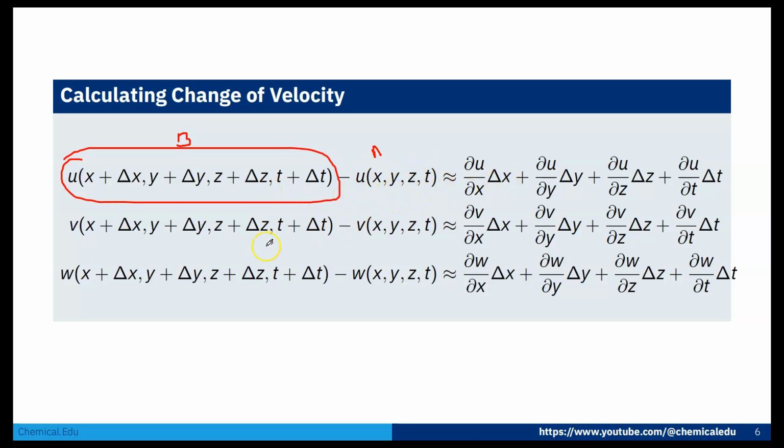If we do that, ultimately we will get partial derivative of u with respect to x into del x, partial derivative of u with respect to y into del y, partial derivative of u with respect to z into del z, partial derivative of u with respect to t into del t. In a similar way we can write v as well as w. So this is the change of velocity.